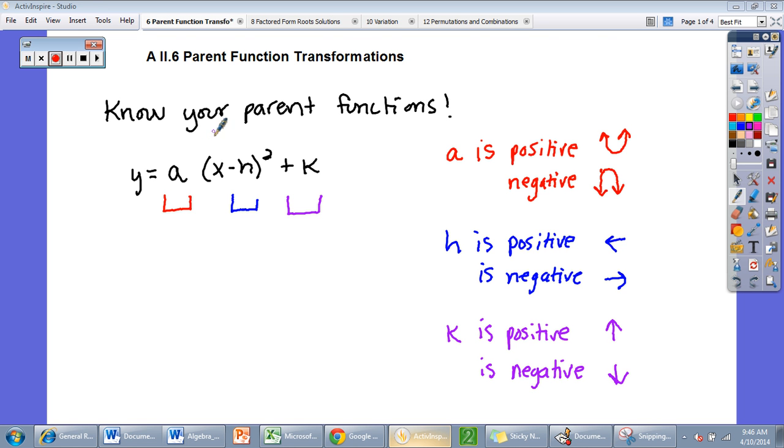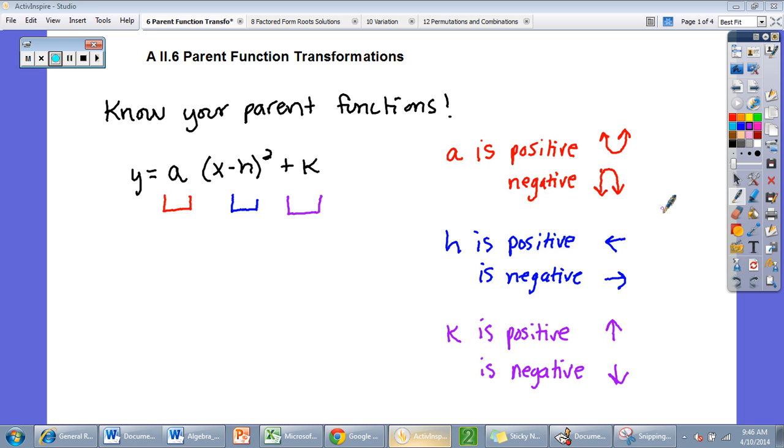Okay, remember it's the opposite way inside with the x. And if it's negative, then it's going to be a shift to the right. And then the value on the outside, if it's positive, it moves up, and if it's negative, it moves down. So that's just a quick review of what those numbers do.